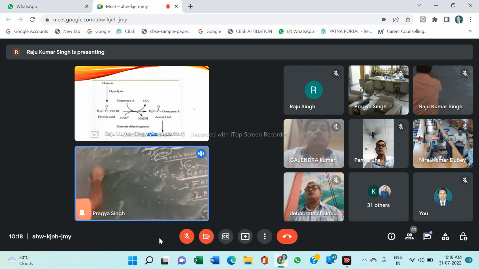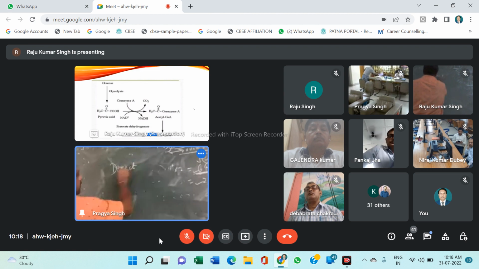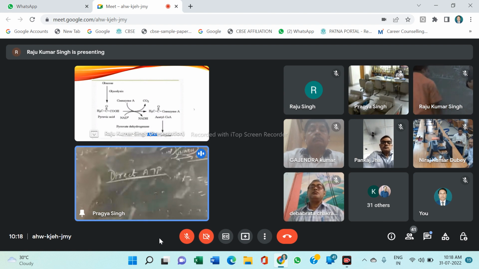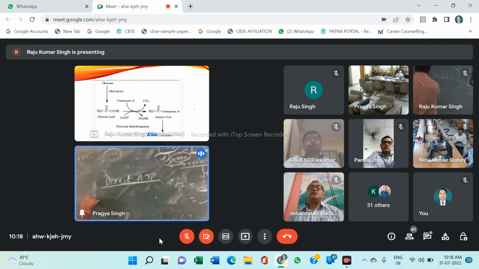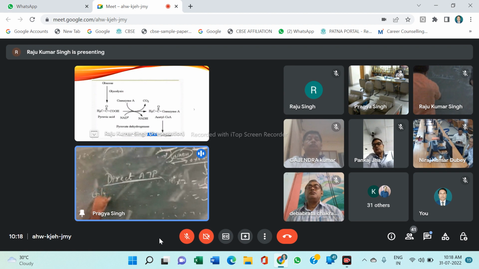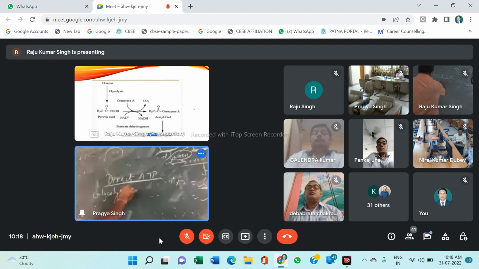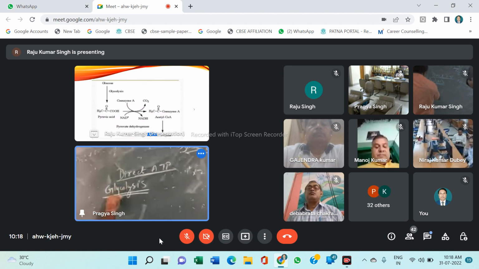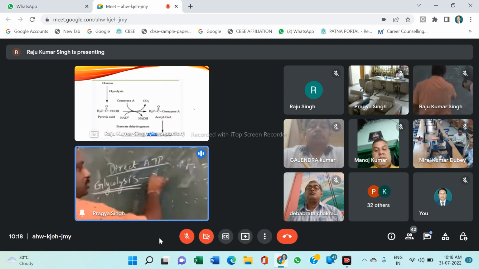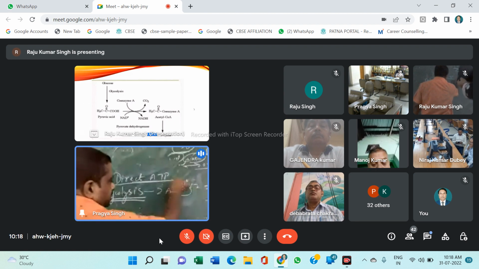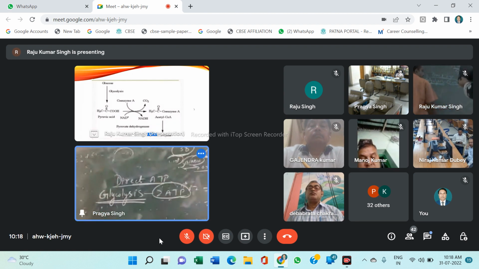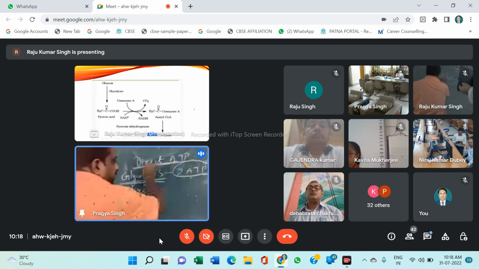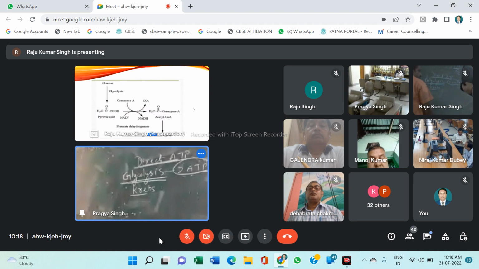If we are talking about direct ATP through substrate level phosphorylation, what we see from glycolysis is 2 ATP through substrate level phosphorylation. And through the Krebs cycle, I am also talking about direct ATP through substrate level phosphorylation.